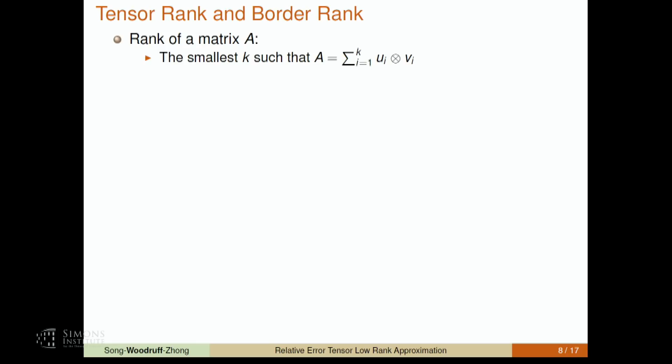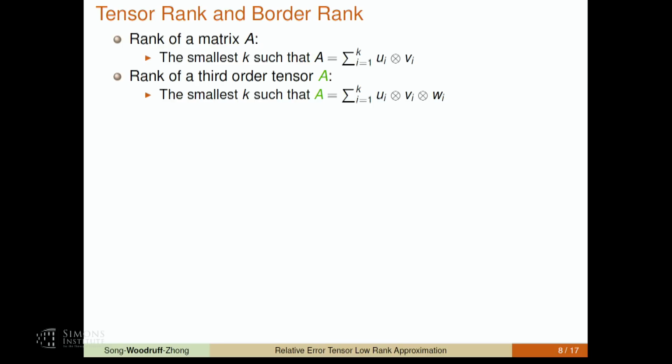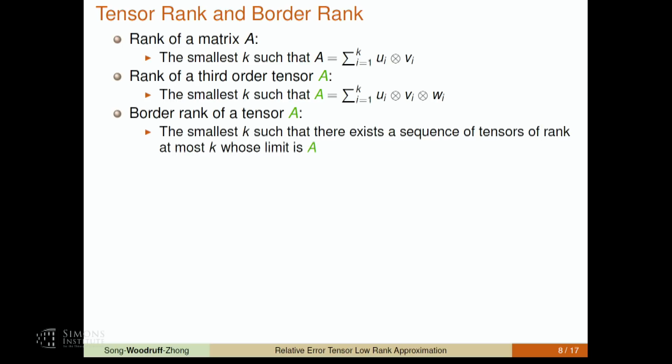OK, so again, the rank of a matrix, as we said, is just the smallest k such that I can write it as the sum of k outer products, k rank 1 matrices. And we had that same analogous definition for tensors, a sum of k outer products. Let me introduce a new notion called the border rank of a tensor.